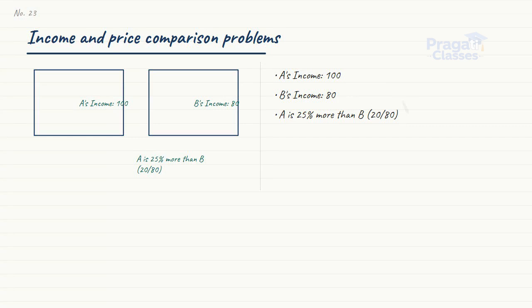The difference is 20, and 20 over 80 is 25%. But if you flip it and say B earns 20% less than A, now the base is A's 100, and 20 over 100 is 20%. Same difference, different base, different percentage. Always check whose number is the whole in the comparison, it changes the percentage completely.